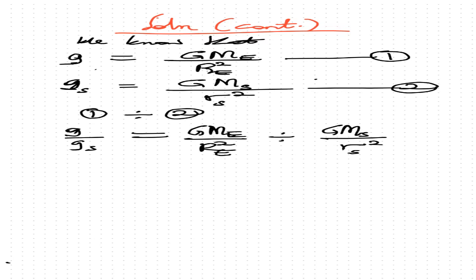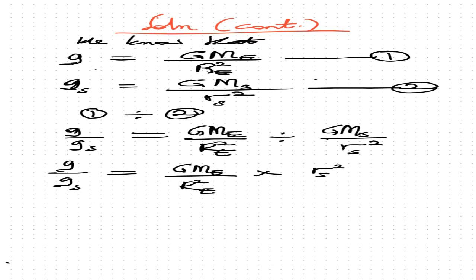Now let's continue with what we are doing here. What do we get on our left hand side? We still get G over GS is equal to GME over RE squared times small rs squared over GMS. So let me write it neatly. At this juncture, look at the right hand side.